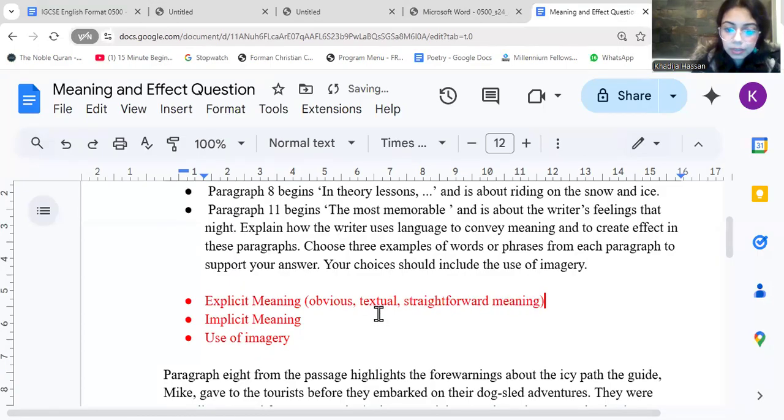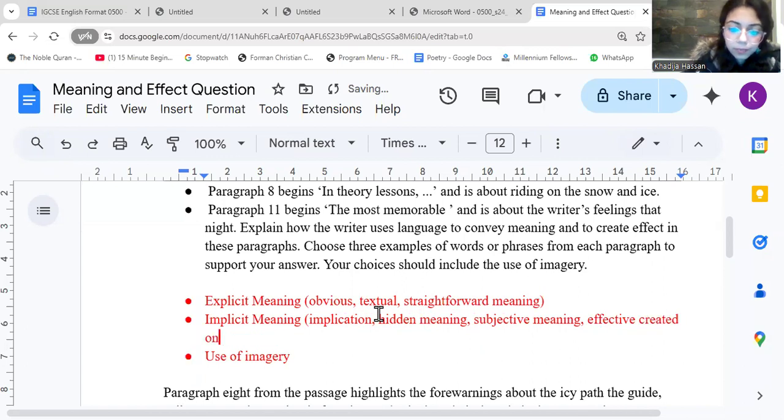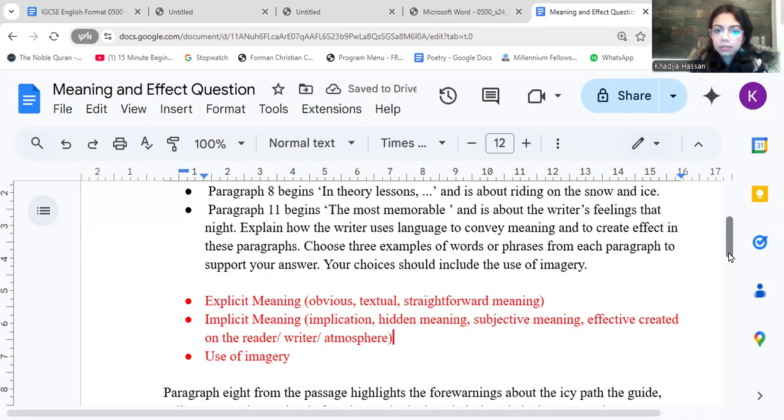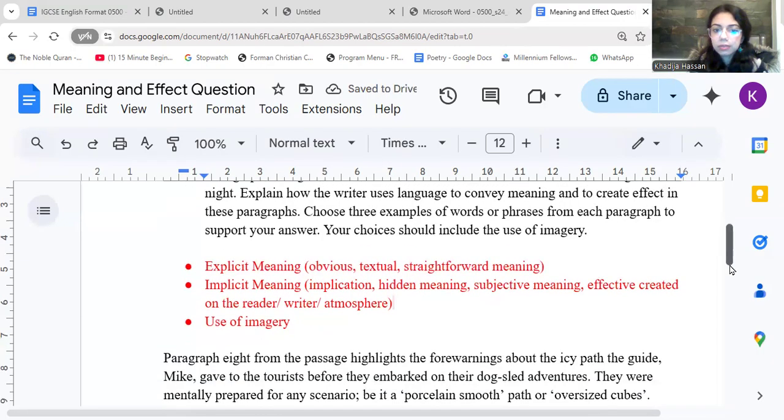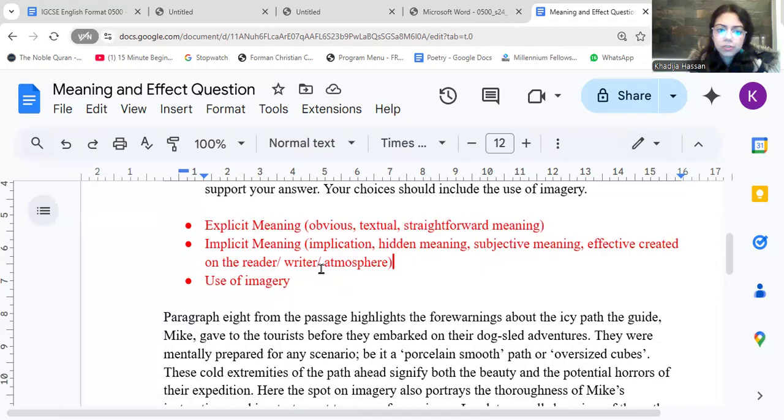And implicit meaning is implication or hidden meaning, or subjective meaning, or effect created on the reader, the writer, or the atmosphere, or on a character, right? Use of imagery, that is a pretty obvious one, like a visual image, right?